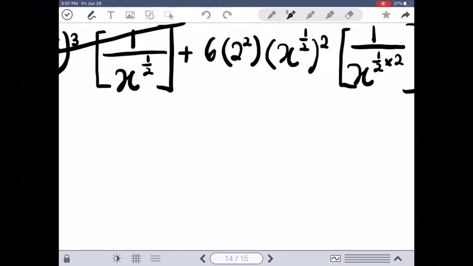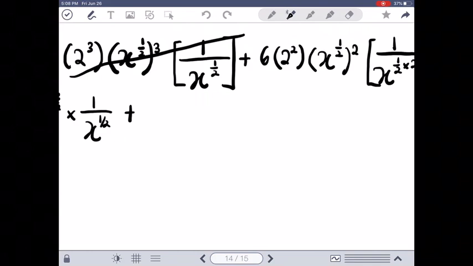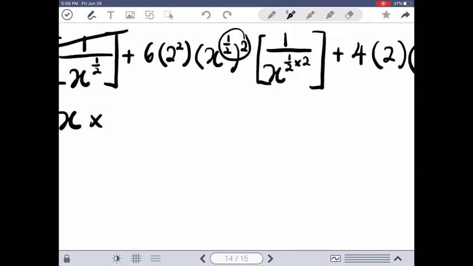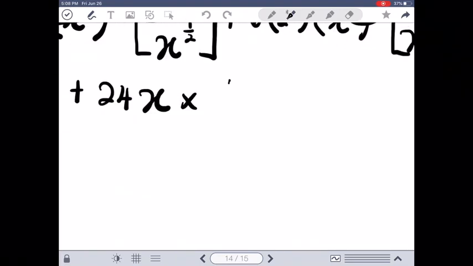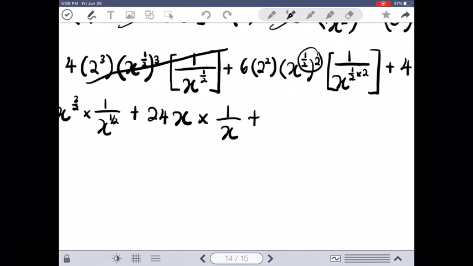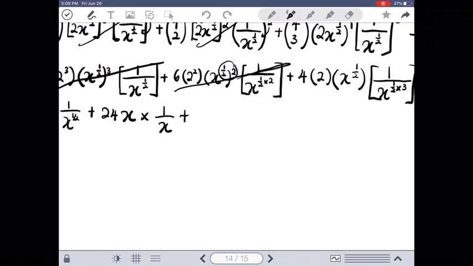Next term. Now 6 times 4, 24. 2 times half, half times 2 becomes 1. Then you multiply with x, 2 times 2 divided 1, 1 over x. Okay, plus, so we're done with that term.